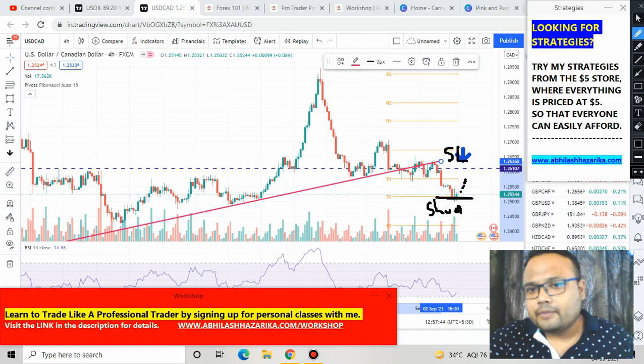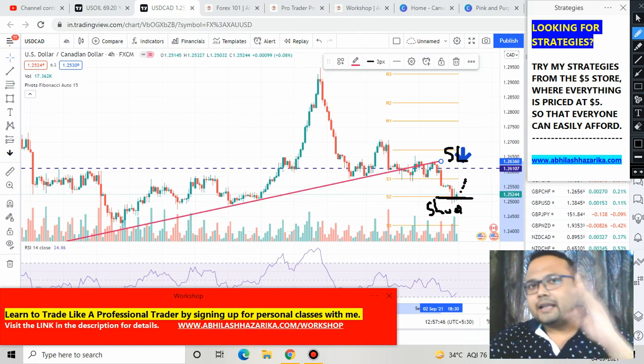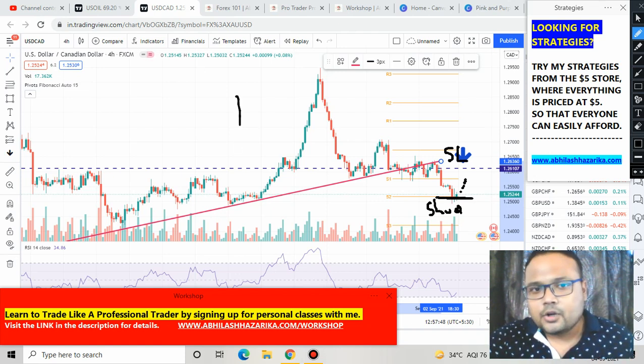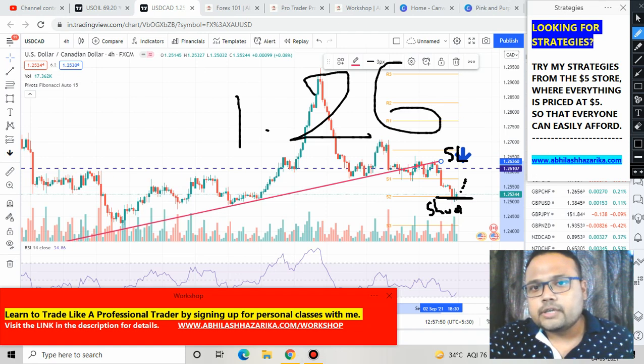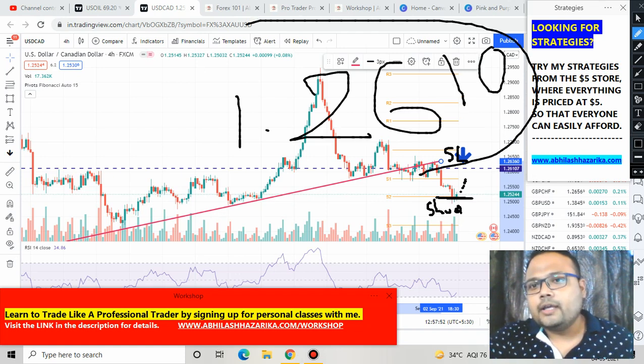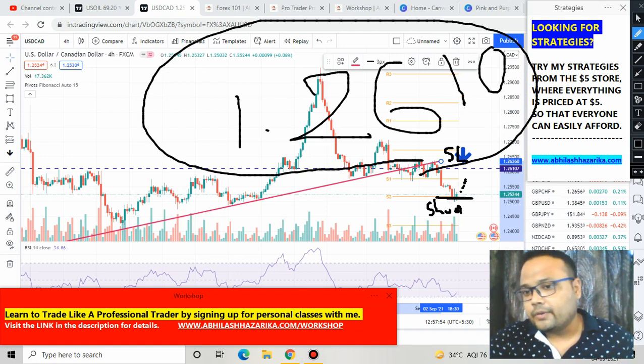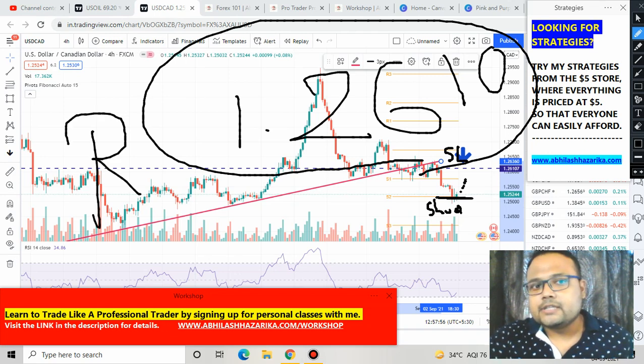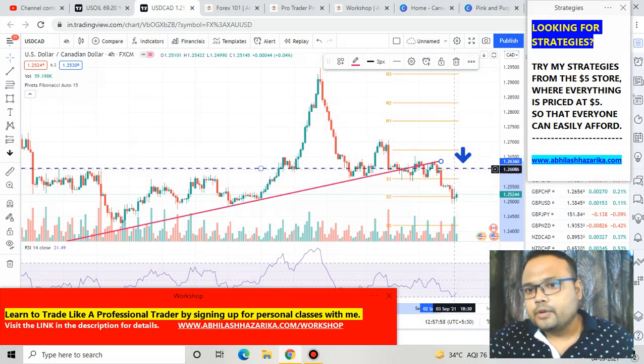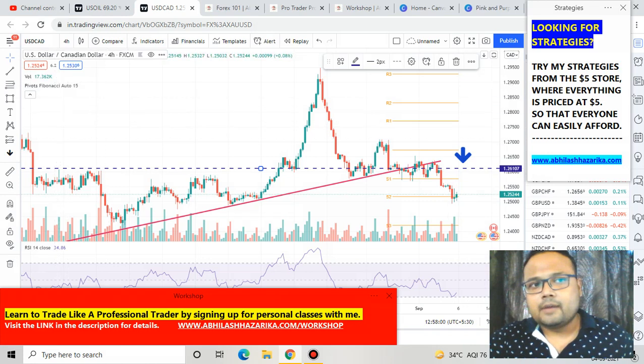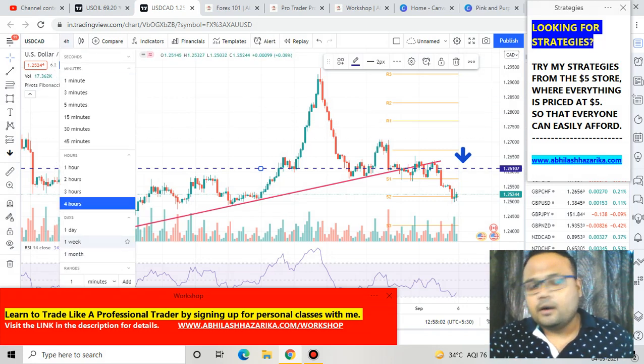Apart from this trend line, the only important level on the chart of USD CAD is 1.2610. This is the only important level right now, and it is the resistance for the market. This blue line is a resistance for the market, because it belongs to the weekly chart.